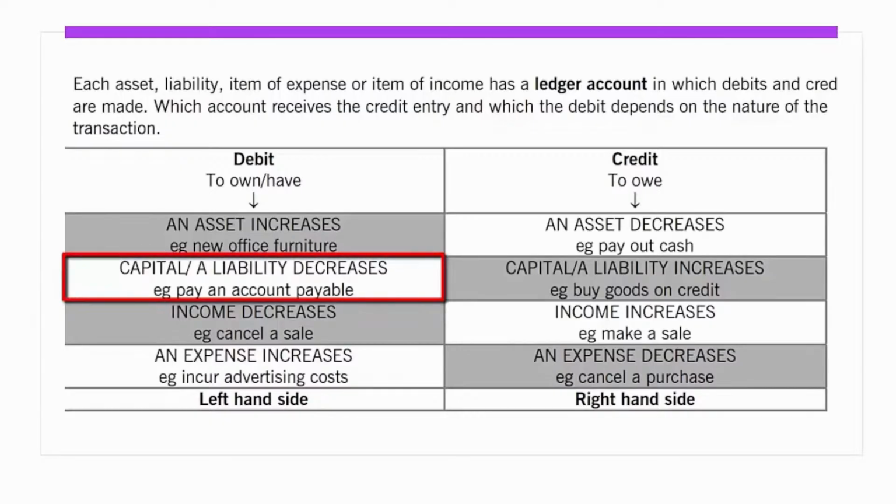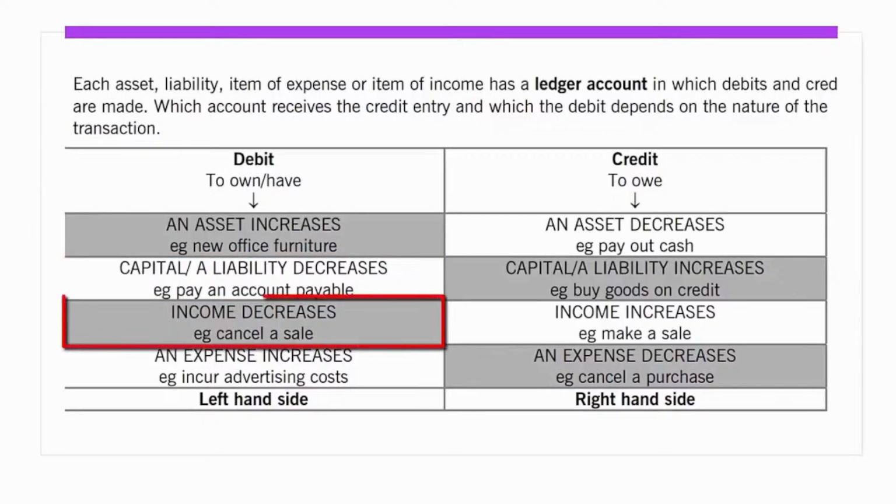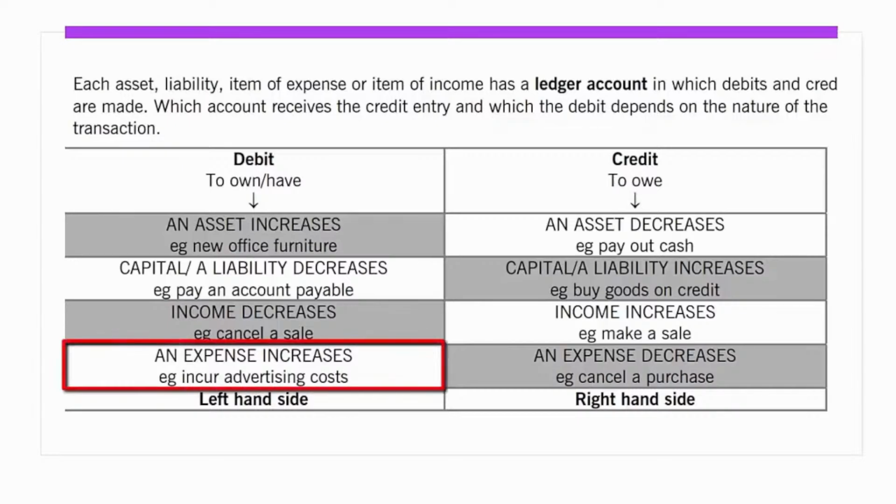If you pay off an account payable, a liability, the liability decreases, so you would record this as a debit. 3. Income decreases. If you cancel a sale or give a refund, your income decreases, so you would debit the account. 4. An expense increases.